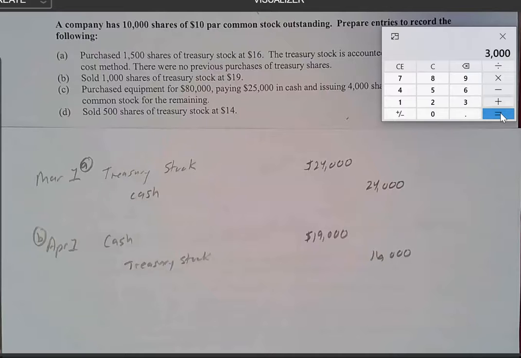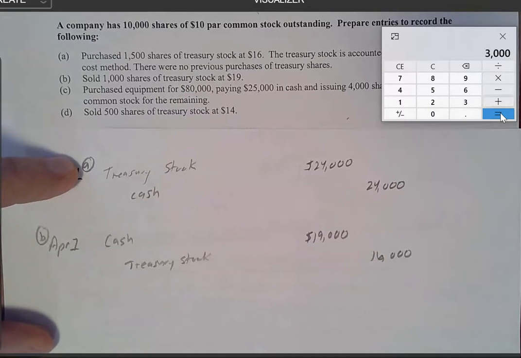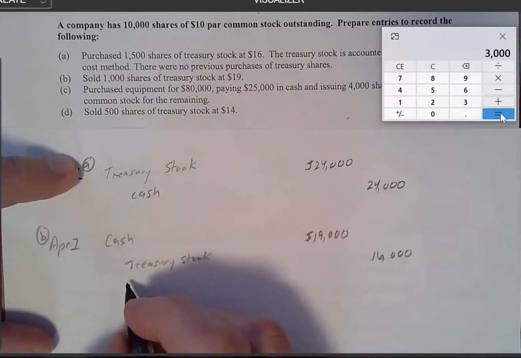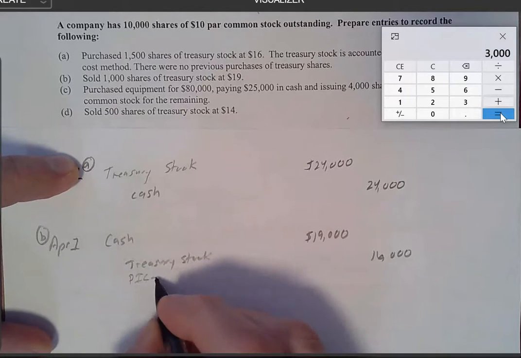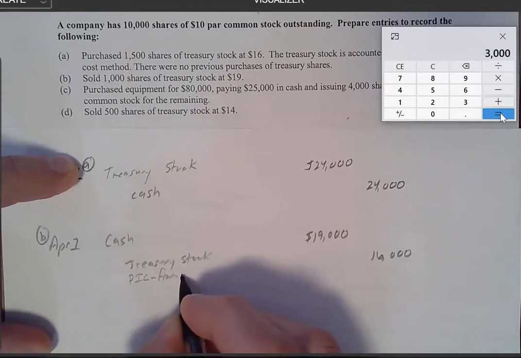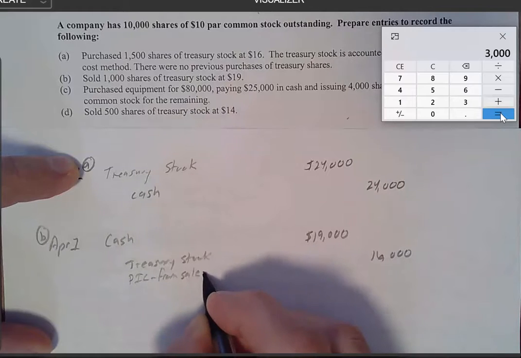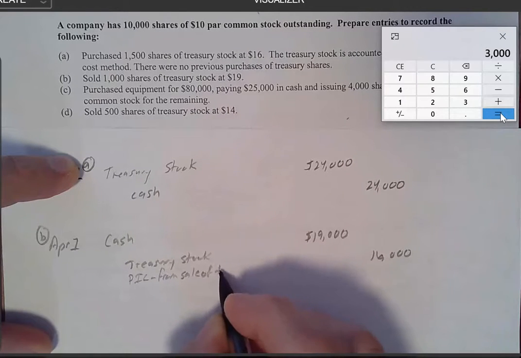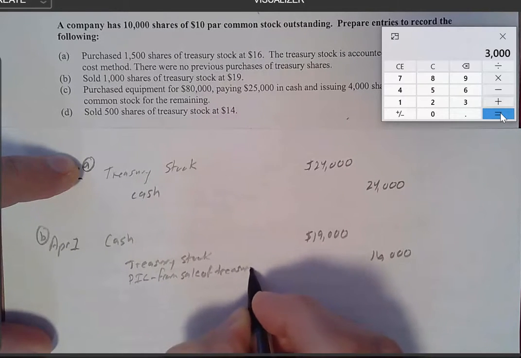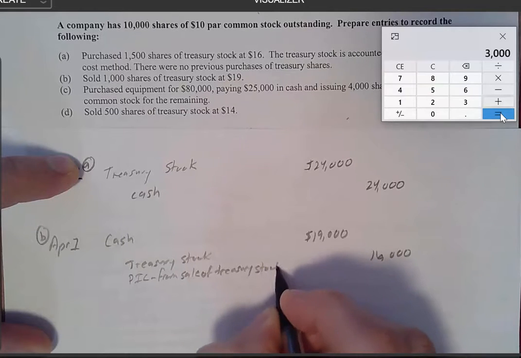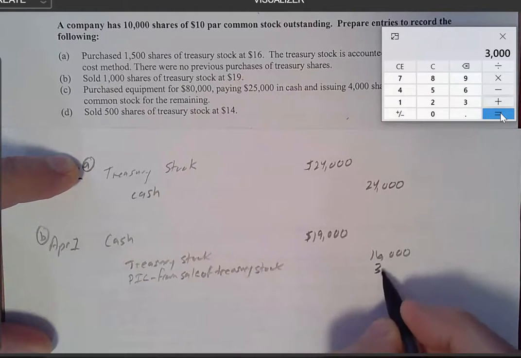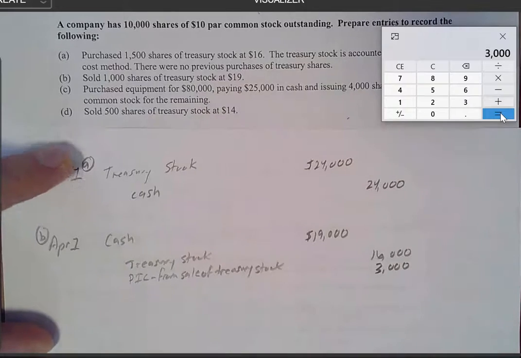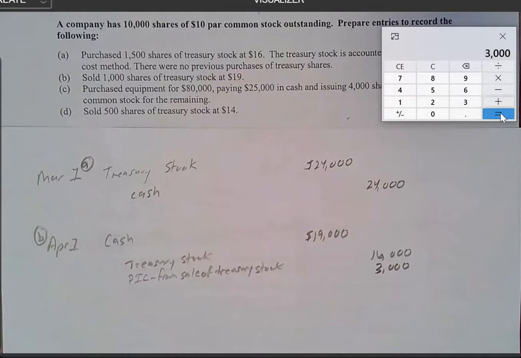So we're going to go back to our account that we used before, and we're going to call that paid in capital from the sale of, try to get this actually written out this time, treasury stock for the difference, $3,000. And we have fulfilled the requirement for B. All right?